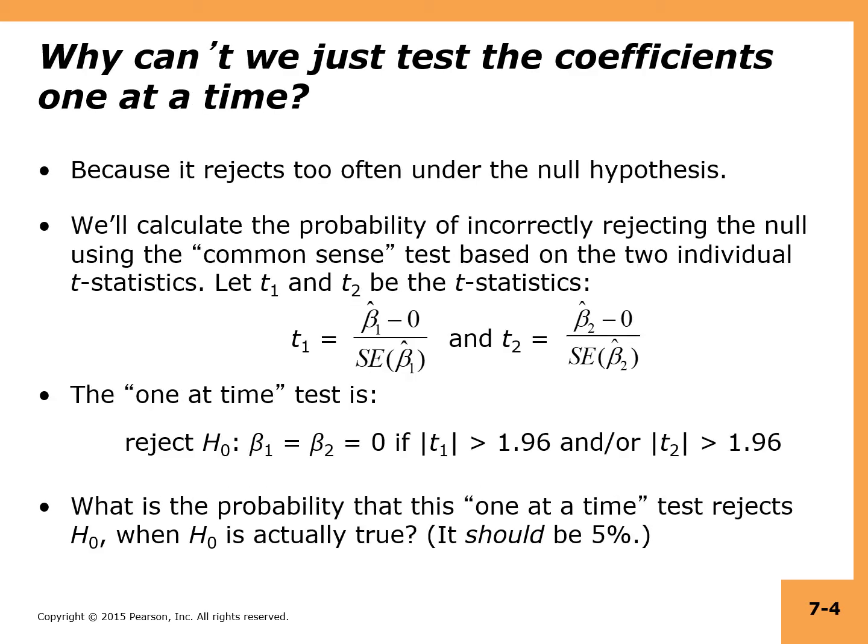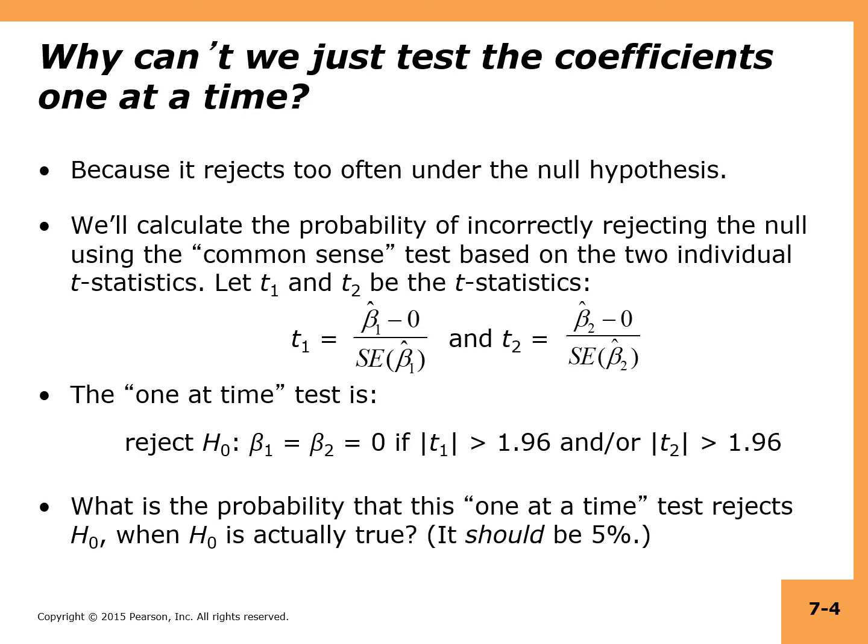But we cannot conduct joint hypothesis testing by simply testing one coefficient at a time, because if we do that, we'll be rejecting the null too often. Let me give you a brief reason why we don't do hypothesis testing one at a time.